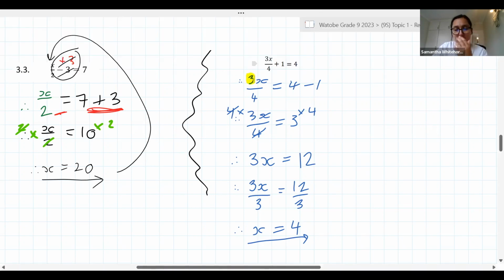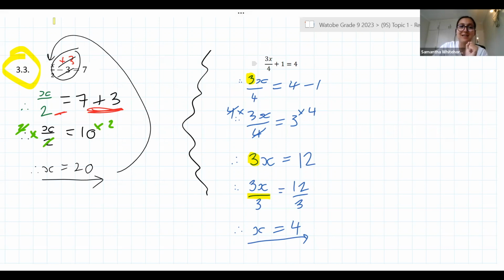Because there was, as Kabiso said, the coefficient to the x, we still need to deal with that. And that means we need to divide both sides by 3. That was a little bit different to what we had in 3.3 because there was no coefficient. So as long as you are remembering all of your inverse operations and you are remembering that the entire purpose of solving an equation is to have just x alone, you will be fine.